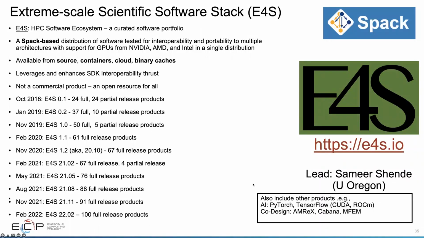I lead this effort as the technical lead, and it has containers, from-source builds, cloud images, and binary caches. This is the main effort from the Exascale Computing Project, and it includes the HPC tools, but it also includes AI tools.